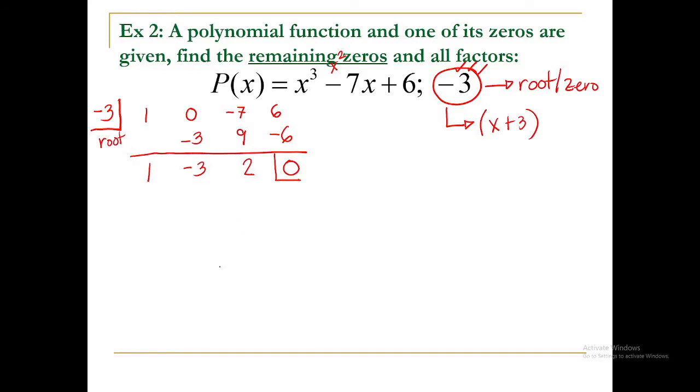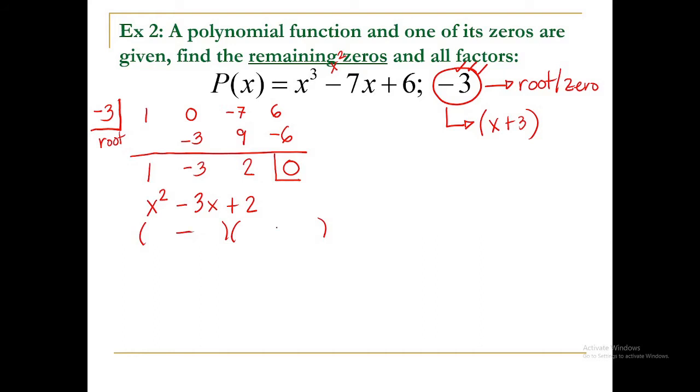How do we get the other factors, by the way? The quotient is x squared minus 3x plus 2. And then, what are the signs of your factors? Negative, negative.